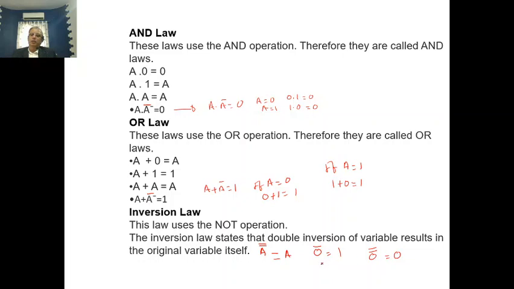The original is 0, so it remains the same. If it is 1, then the first inversion is 0 and the second inversion of this 0 becomes 1. So 1 remains the same. Hence we say that A equals A double bar.